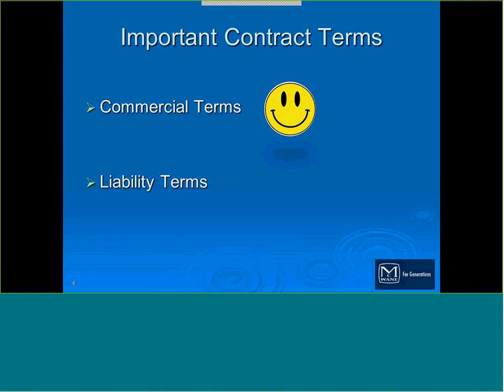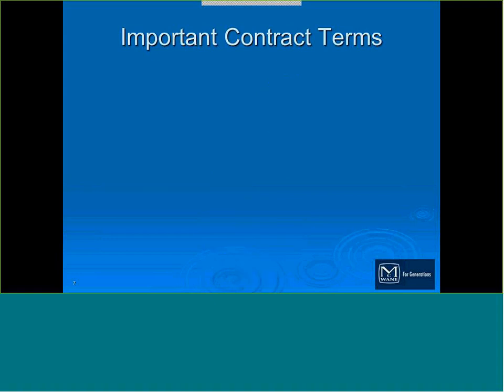What is often called boilerplate language, and therefore often overlooked by most people, are liability terms. Those are things that can trip us up because they may be requiring us to do things like indemnify somebody, or they'll cover what happens if the contract is breached, or they'll include a warranty that we may or may not want to accept.